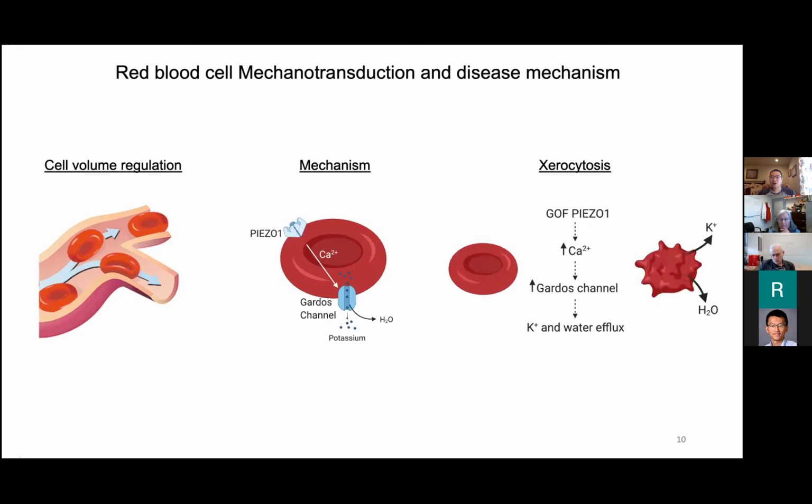However, in the case of xerocytosis patients, the whole pathway becomes overactive because of the gain-of-function piezo-1 mutation. That leads to excessive loss of water from the red blood cells, leading to red blood cell dehydration. So that's how we explain the phenotype caused by the gain-of-function piezo-1 in the red blood cells.